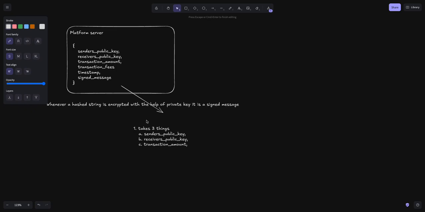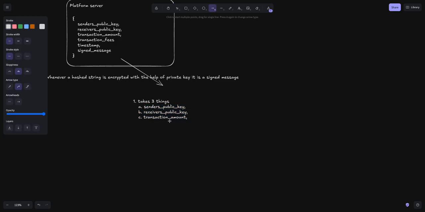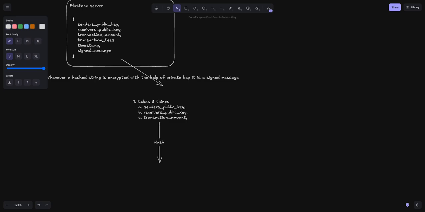It takes the string combination of these three and puts it through this hash function, which uses the SHA-256 algorithm, and we get a string.